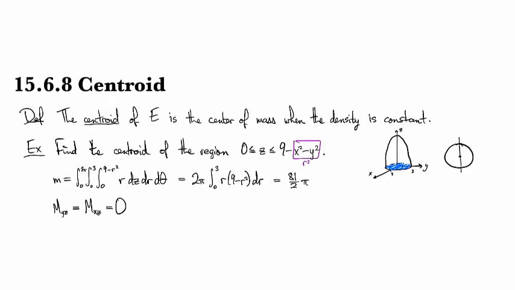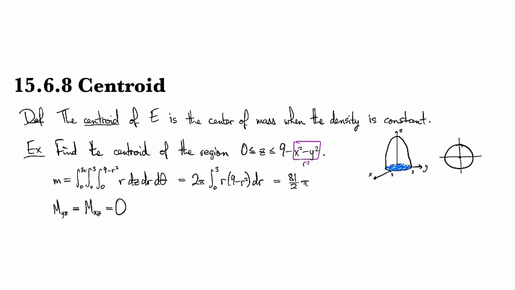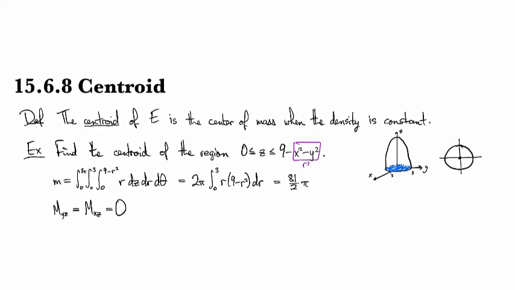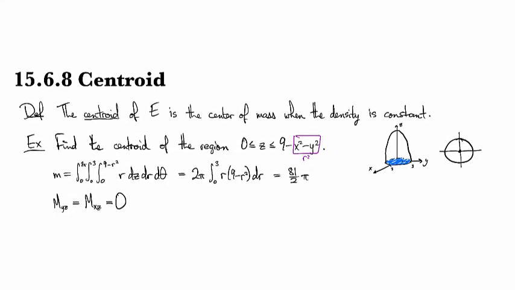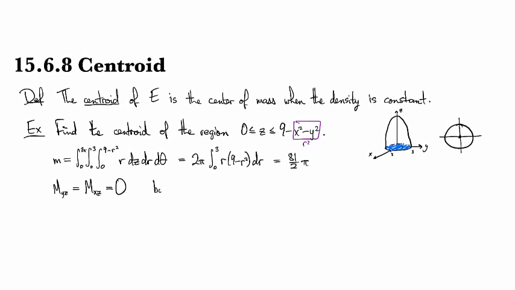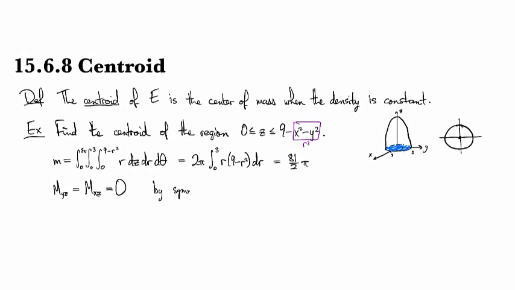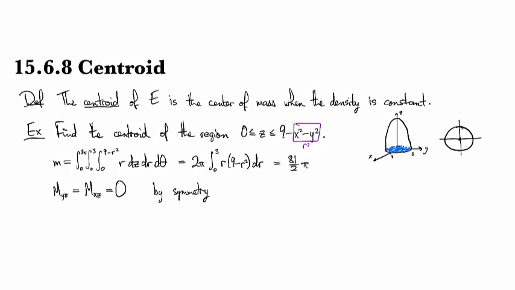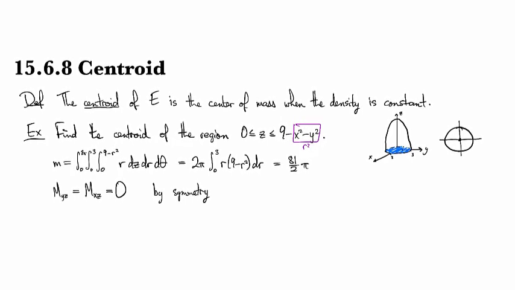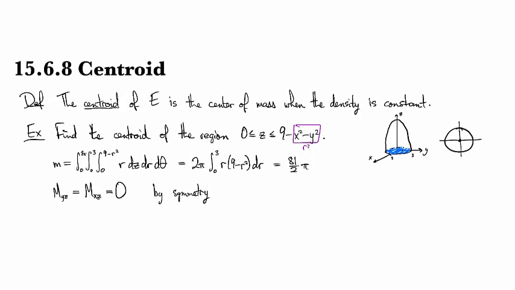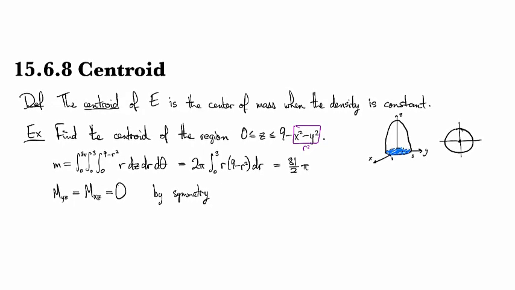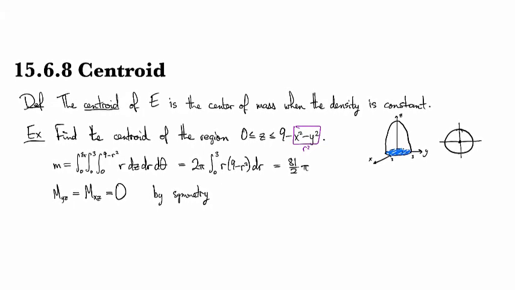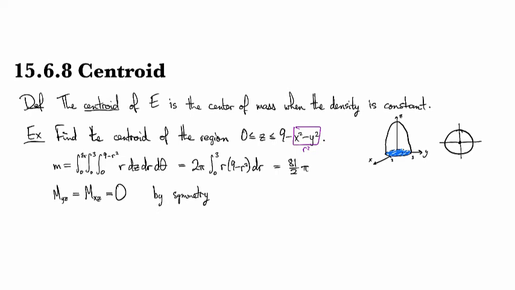So the y moment and the x moment are both going to coincide with the origin there. So we can just make a symmetry shortcut. Now notice, if the domain was not symmetric, left, right, or top, bottom, or if the density function were not symmetric, left, right, or top, bottom, then we couldn't make this shortcut. So it's sort of a special thing to do.